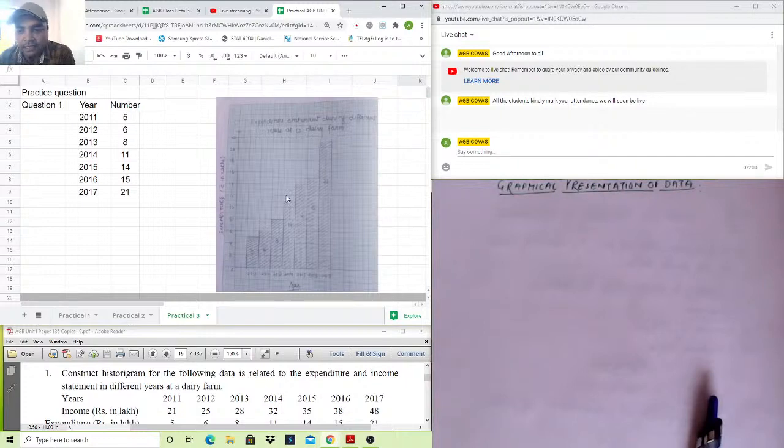The lowermost window on the left side is from your practical manual, page number 19, where there are in total three questions from graphical presentation of data. By changing the data I will be taking up these questions. You have to do the assigned questions in your homework or practical manual. So today we will be taking up graphical presentation of data.